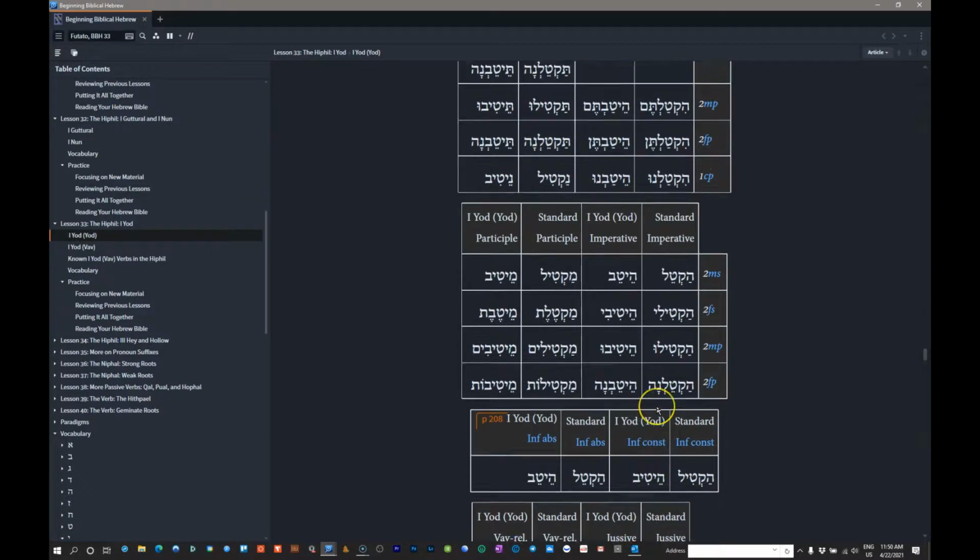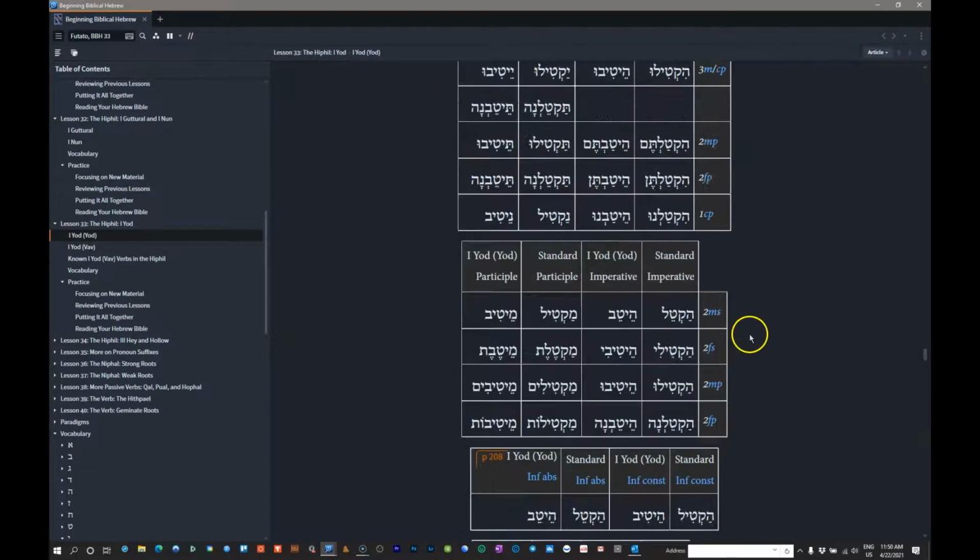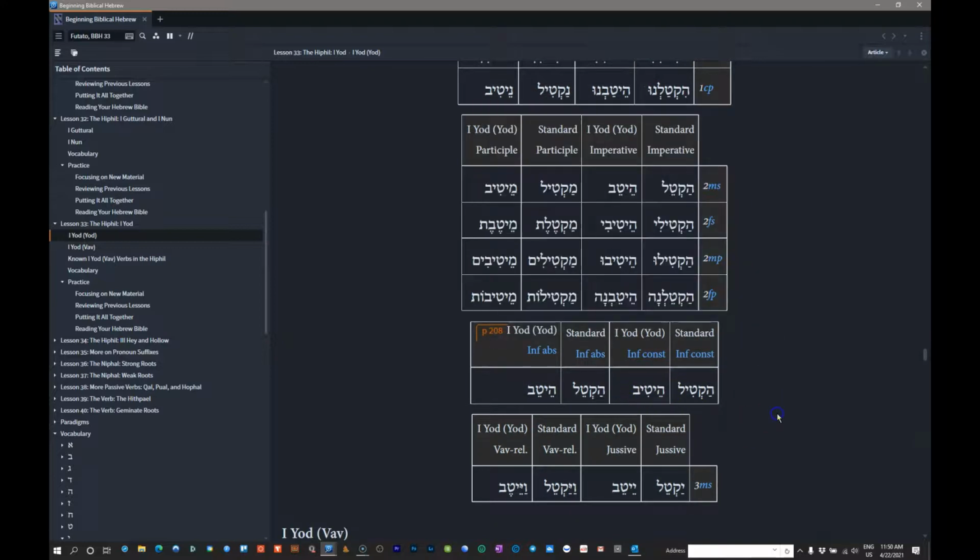But when you've got a one yod, the yod wants to be part of the prefix vowel. And hireq, well, I guess hireq would work. I can't actually explain why this goes to sere yod instead of hireq yod, because you would think that hireq yod would make good sense to distinguish it from this situation.